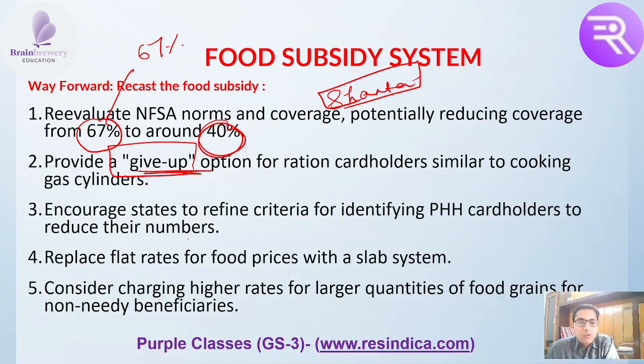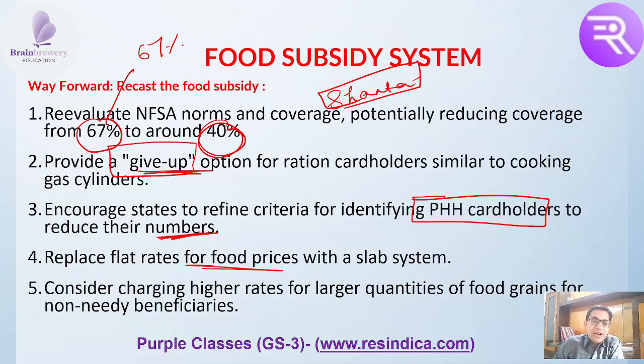Now we have to encourage the states to put proper criteria for PHH card holders to reduce their numbers. Exact criteria has to be in place to find out who are going to be the card holders and who are not. Food price rates should be based on slabs.